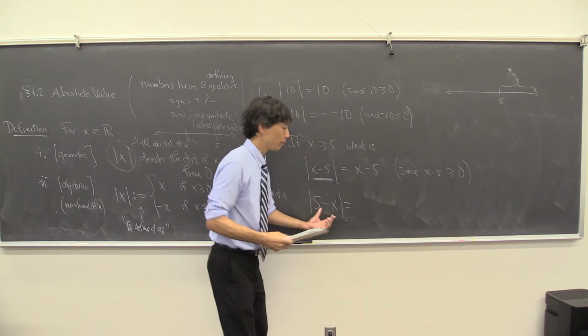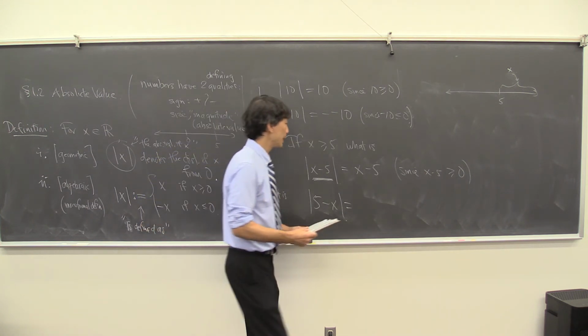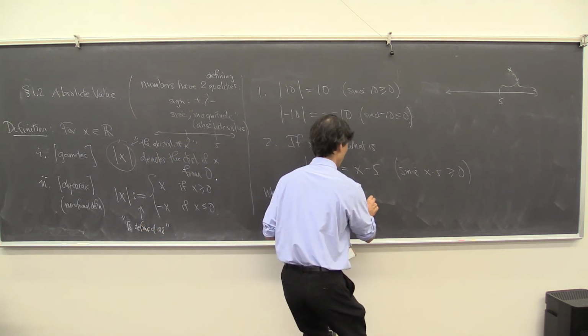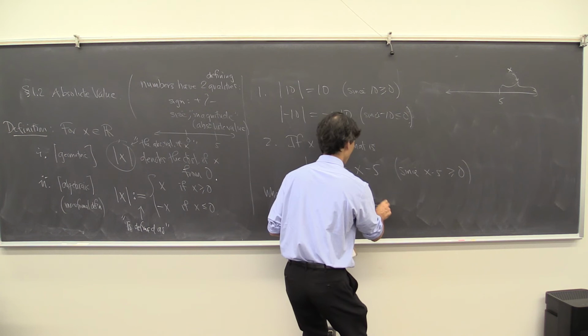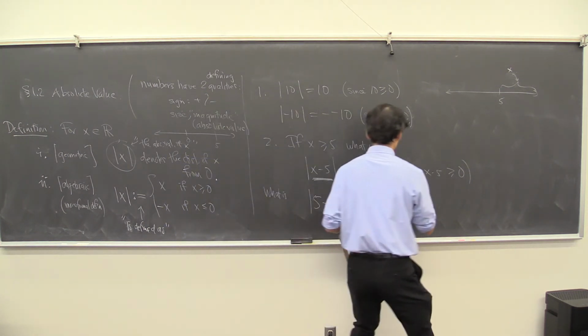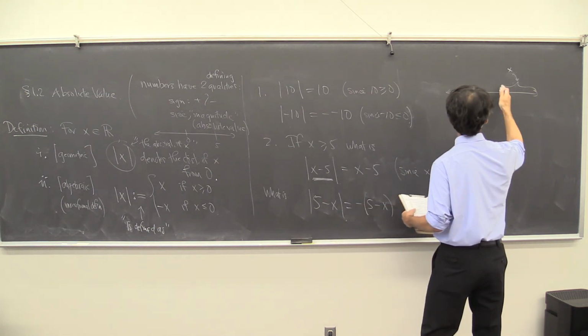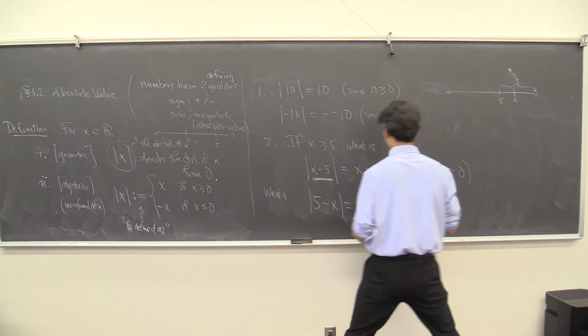Okay, and then over here, what would the answer be, Isa? Then it would be negative 5 minus x. Yes, so it'd be negative quantity 5 minus x, because 5 minus x is negative, because x is on the right-hand side.